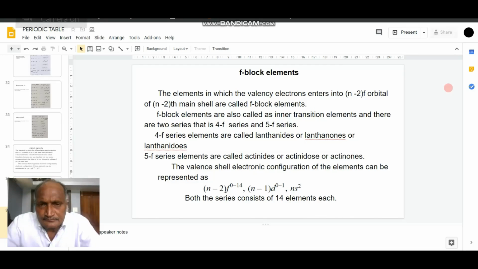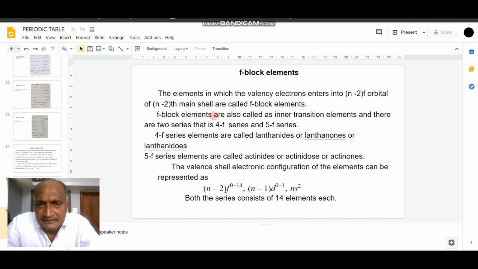Coming to the last type of classification of elements, that is the f block. The elements in which the valency electron enters into the (n-2)f orbital of the (n-2)th main shell are called f block elements.